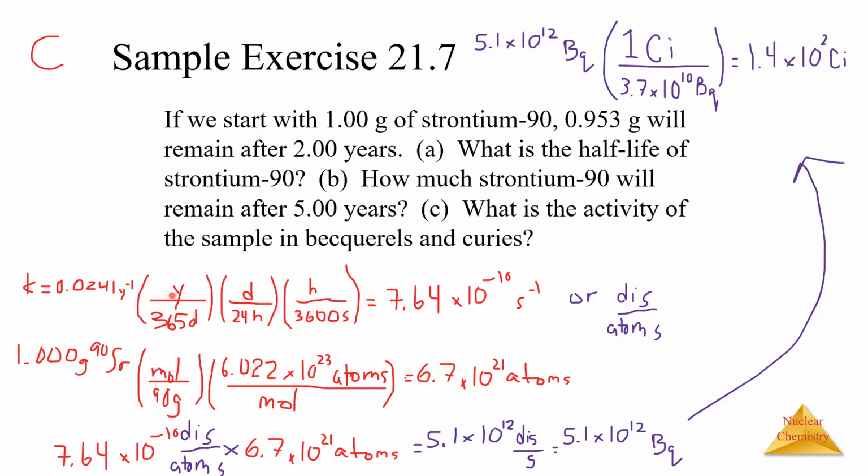Again, day and day cancel, year and year are going to cancel. 24 hours then, the unit we have is inverse hours, so in order to get rid of that, we'll put hours on top. And then you could do 60 minutes and then have minute on top of the next step, 60 seconds, or we can just combine those into one step. But we'll see this rate constant, 0.0241 inverse years, is equivalent to 7.64 times 10 to the -10th inverse seconds.